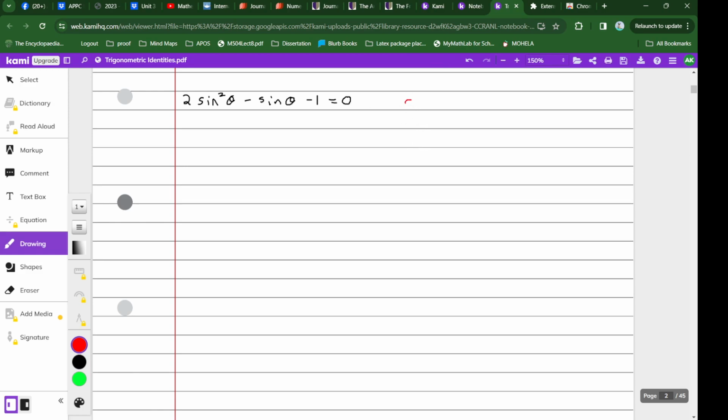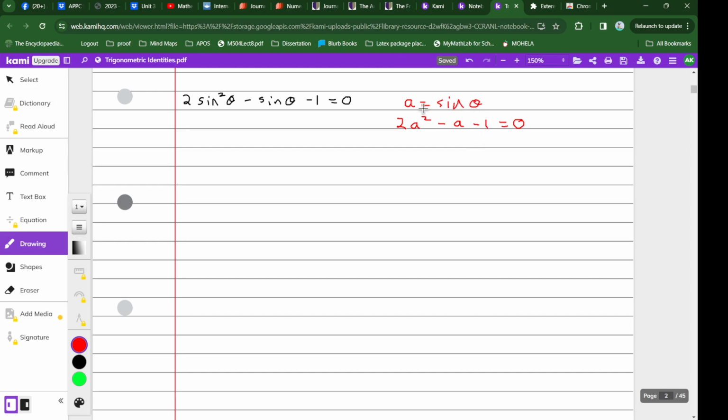The way that I like to do that is I like to say let a equal sine theta. So I'm going to rewrite this now as 2a squared minus a minus 1 equals 0.